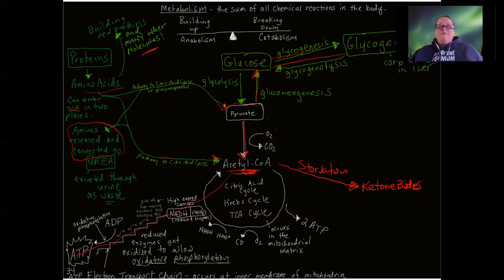So there are 20 different amino acids. So obviously the metabolism of protein can get very, very complicated. This is just serving as a simple overview to show you that proteins can make glucose through gluconeogenesis. They can also, if we get an abundance of acetyl-CoA, make fatty acids through lipogenesis.